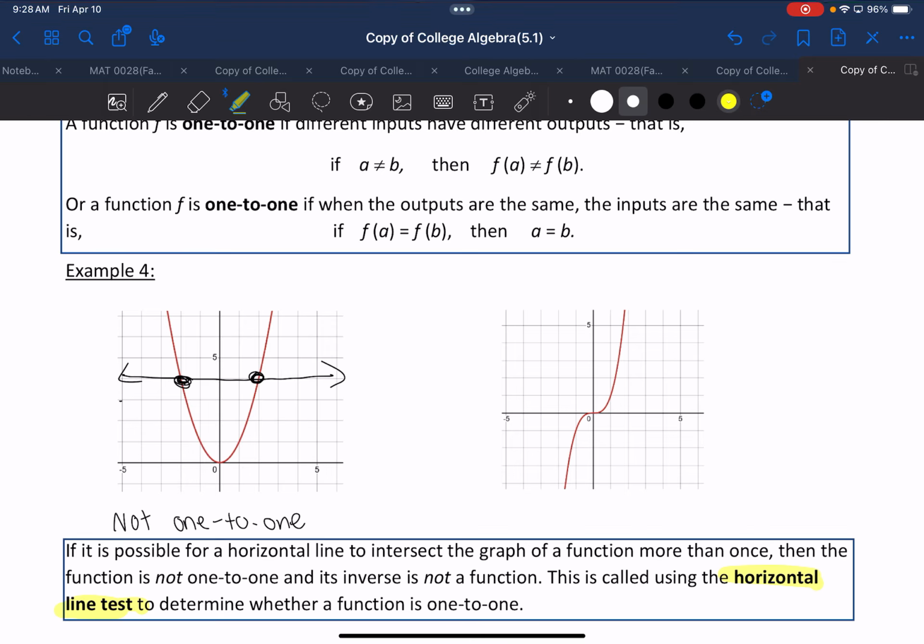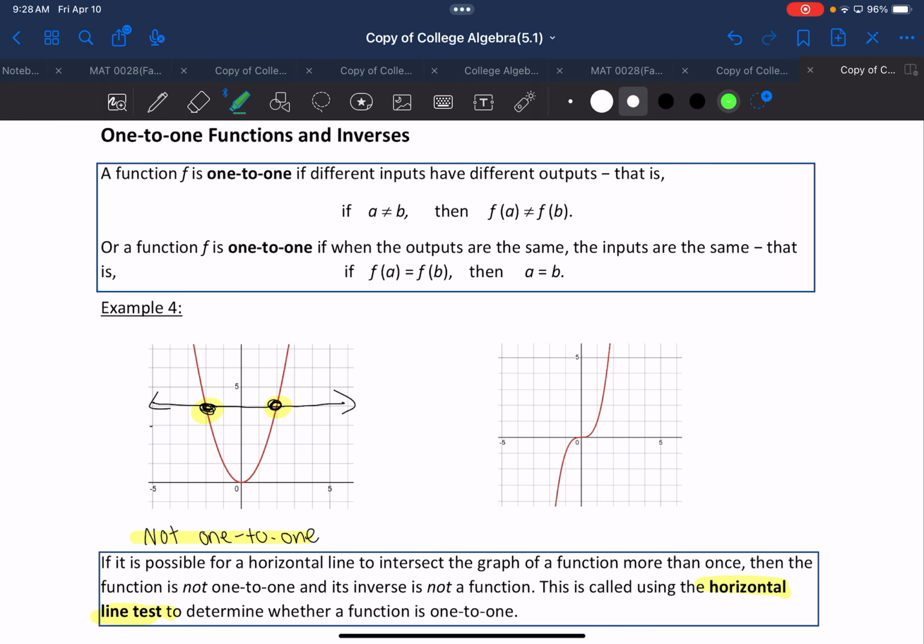So again, in basic terms, the x values can't repeat and the y values cannot repeat for it to be one-to-one. Now in this definition up here in mathematical language, it says that a function f is one-to-one if different inputs have different outputs, which is really the same thing I just said. So if a does not equal b, then their outputs will also not equal.